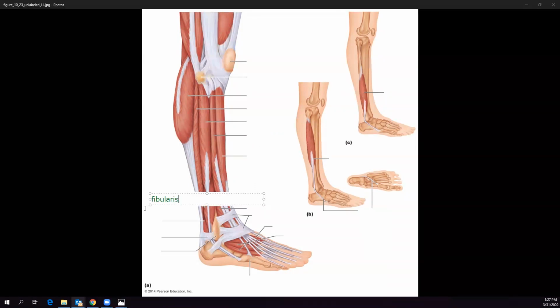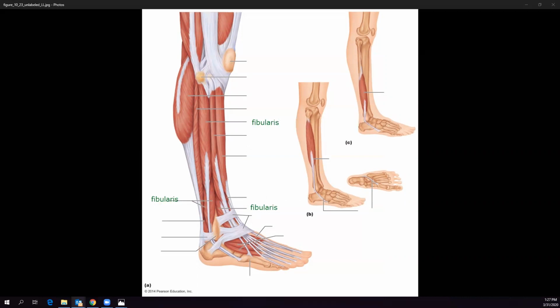And then here's our other fibularis right here. Let's put it closer to the line. All right, and that's probably all that. Oh wait, there's the longest. We want to do that one too. Okay, any one of these we're just going to call fibularis.